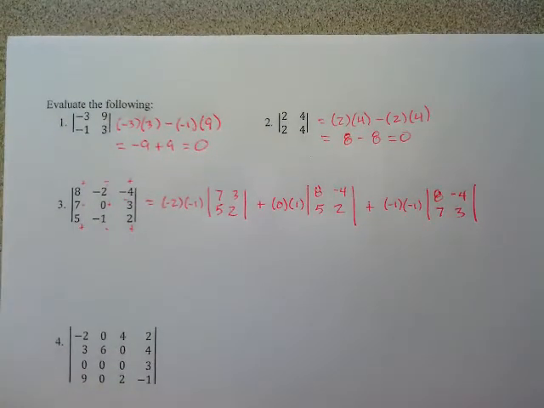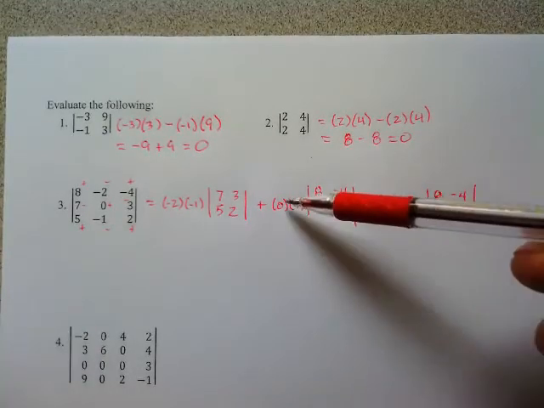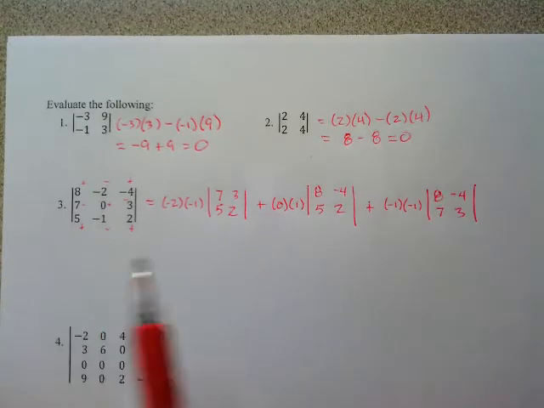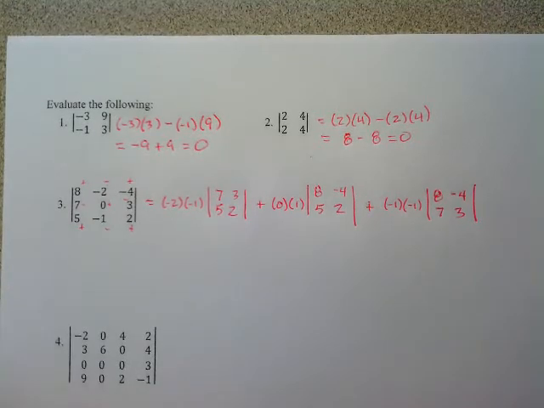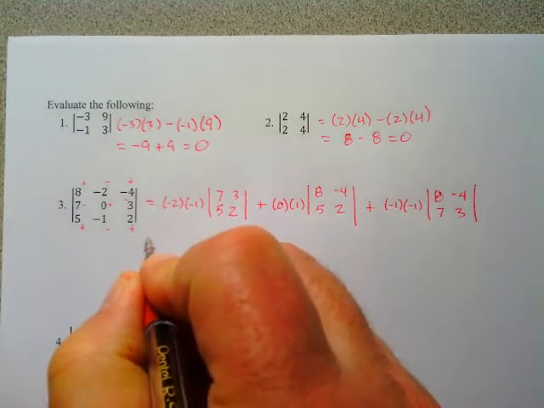Now, you might say, well, I know this whole thing's going to end up 0, so why bother even doing that one? And I would just recommend laying it all out, even if you are just going to call that part 0 later on, just so that you know that you are staying in order and that you're not missing anything. All right, so let's go ahead and take care of these now.